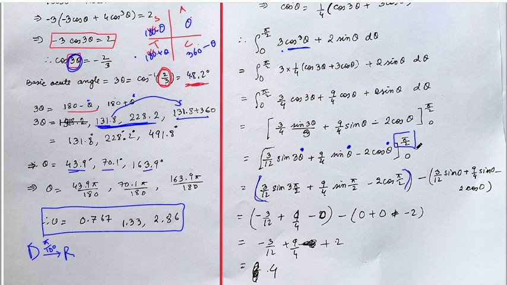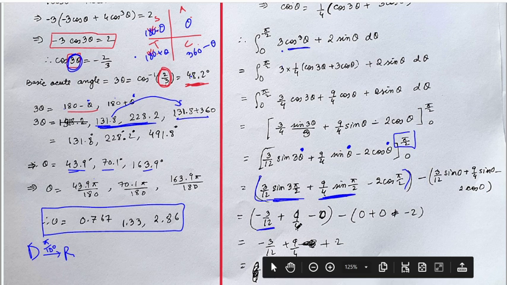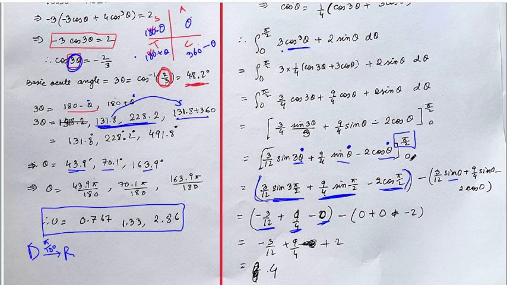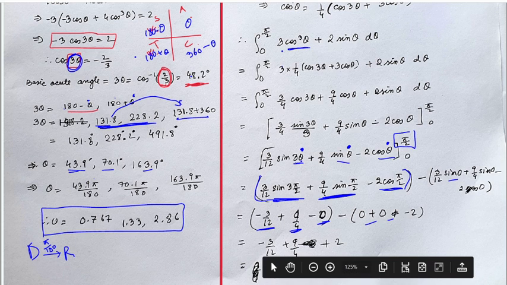For terms with the upper limit, you can get the values from the calculator. This is minus 3 by 2, this whole thing is 9 by 4, this is 0. And for the second one, 3 into 0 is 0, so that's sine 0, cos 0. So this is 0, 0, and 2 cos 0 is minus 2.